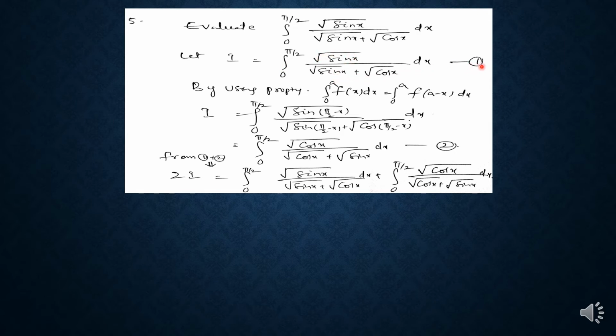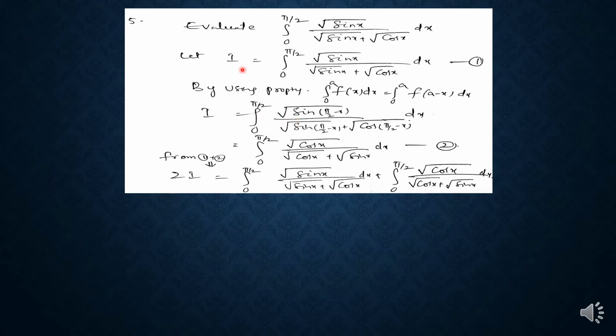Take it as the first equation. By using property number 5, that is integral 0 to a f of x dx is equal to integral 0 to a f of a minus x dx. So in the place of x, we can write it as pi by 2 minus x.